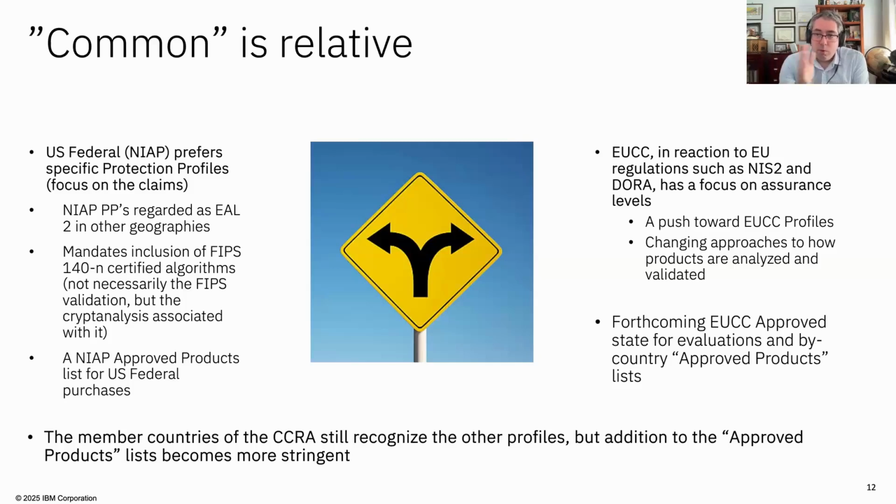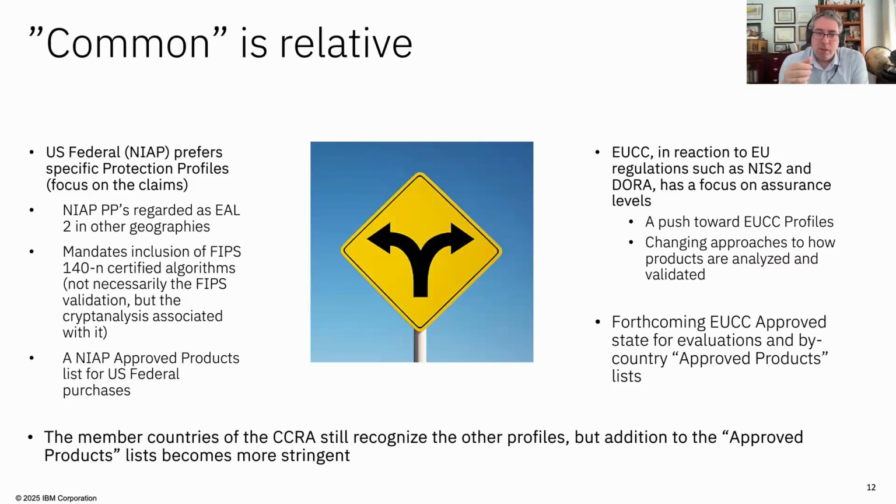Now, over on this side of the pond, DORA and NIS2 have caused a fair amount of push for the EU to adopt something called the EUCC, a slightly different schema, which still has a focus on high assurance levels. They want you to provide that level of proof because some of these standards, to some extent, are looking for it. It's not that you can't get it in other ways, but that you might be setting yourself up for an awful lot of work if you don't go that route.